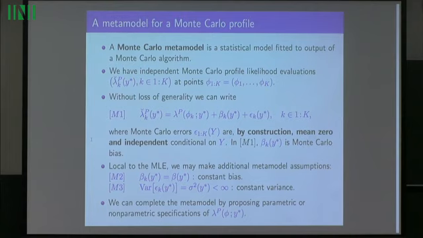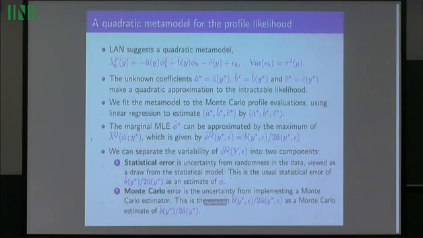Okay, so we complete the metamodel by proposing parametric or non-parametric specifications for the profile likelihood. And the simplest thing in the context of local asymptotic normality is to make a quadratic metamodel, and then we're really back to a regression situation for the profile likelihood.